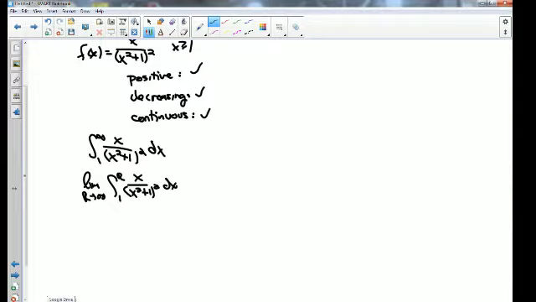Any ideas on how we're going to solve that integral? What's our u? x squared plus 1. Yeah, it's a long one. But, okay, du is then 2x, and we have to move the 2 over, right?